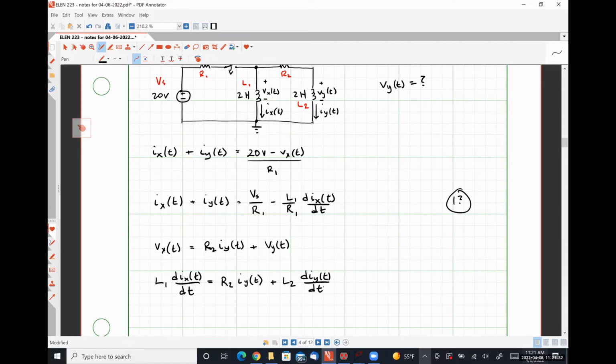And this is another good equation that we might have to manipulate further, okay?